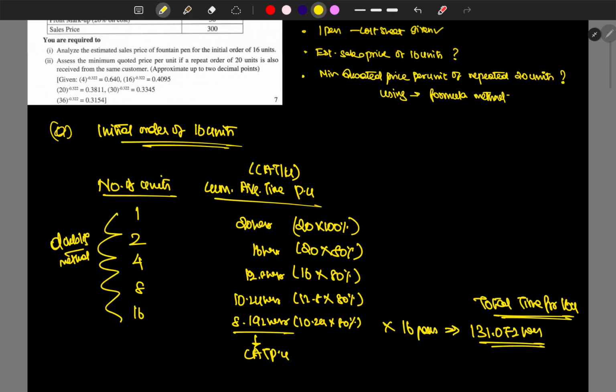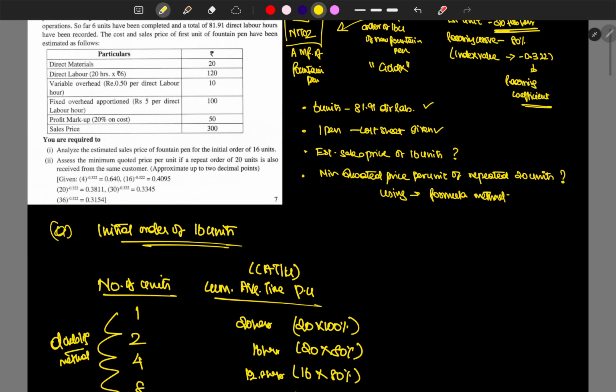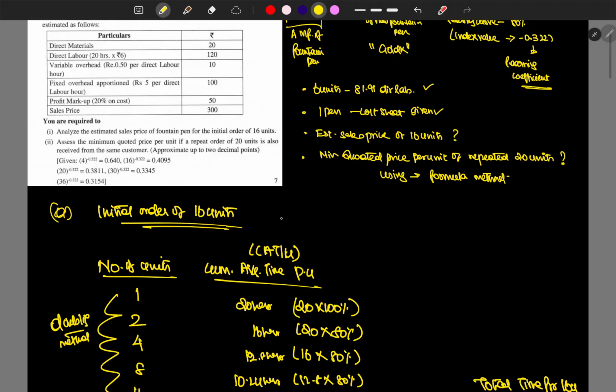So we got the total time for 16 units. Before that, I have to tell you the steps. The first step is calculation of CAT per unit and total time.